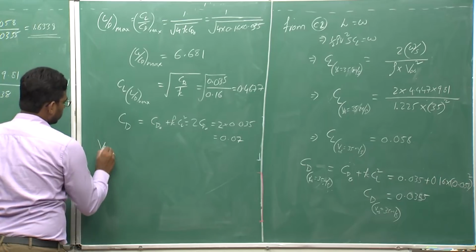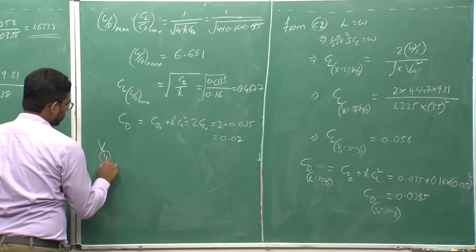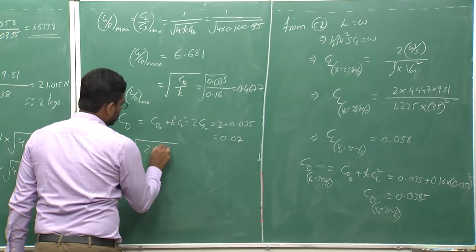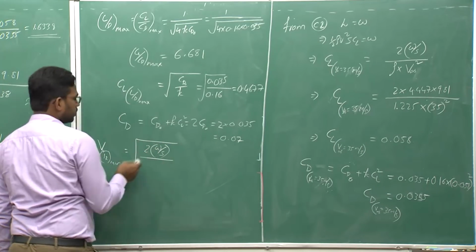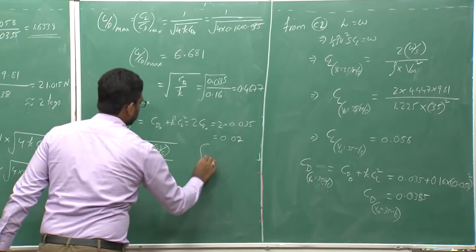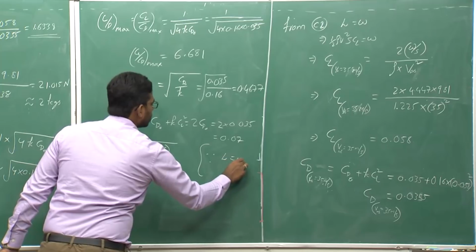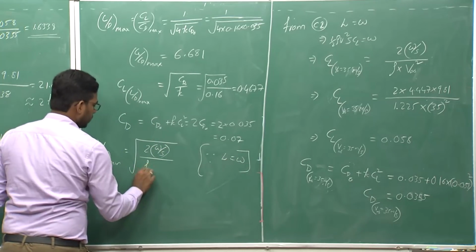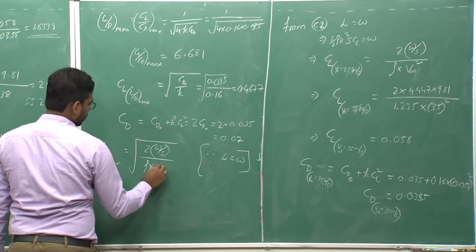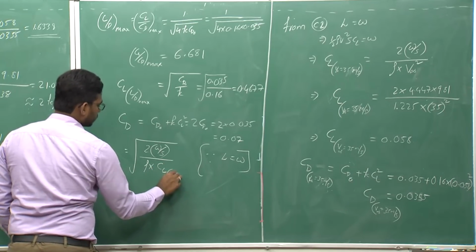Now, what is the velocity for this thrust required minimum condition? V is equal to the square root of twice W by S. Using C2 equations, you can find it out. Since lift is equal to weight, V is the square root of 2W by S by rho into the corresponding CL for L by D max.